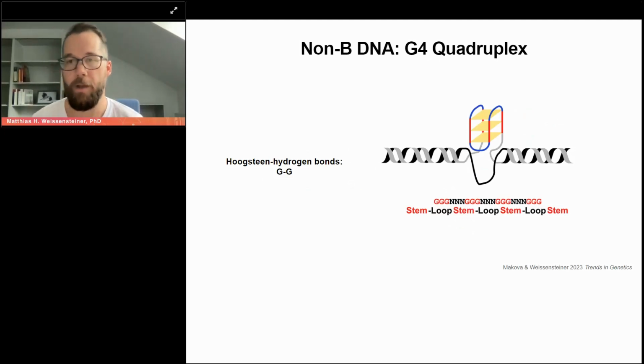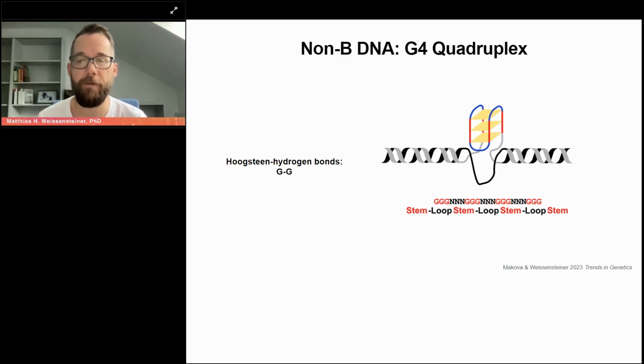A rather interesting non-bDNA structure is the G4 quadruplex, interesting in a particular way because here you have non-Watson-Crick pairing at play. In the G4 motifs, you have blocks of guanines, so-called stems, at least 4 stems structured in a regular way, and they pair with each other.